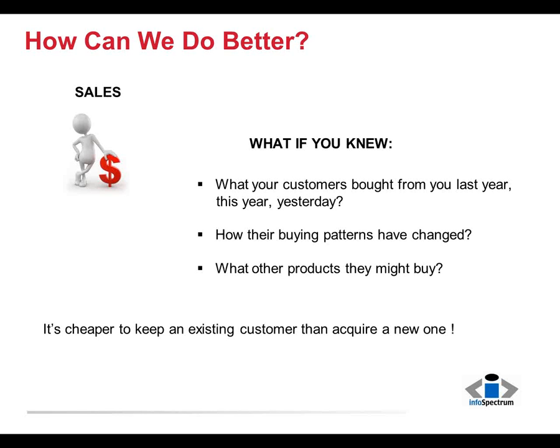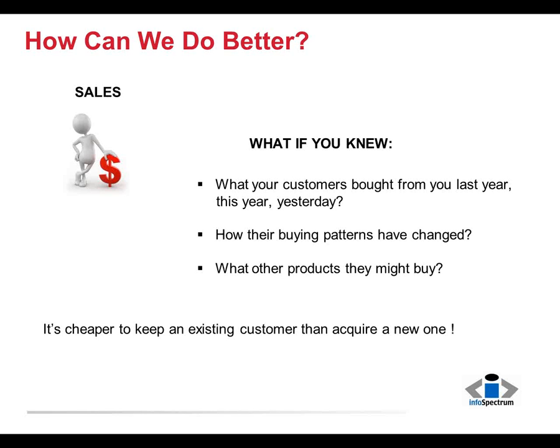It's interesting, we've been working with manufacturers and distributors and service companies for many, many years now, and we find that more often than not, salespeople lack easy access to a customer's current buying profile. And by that I mean what they've bought recently, what they bought this year, what they bought last year, what they're not buying.